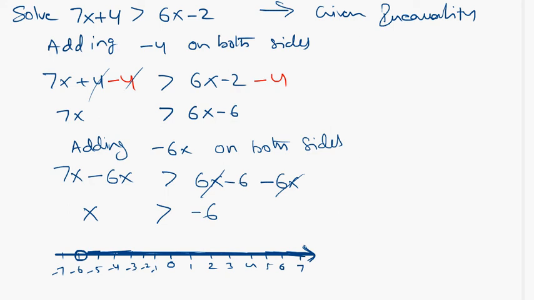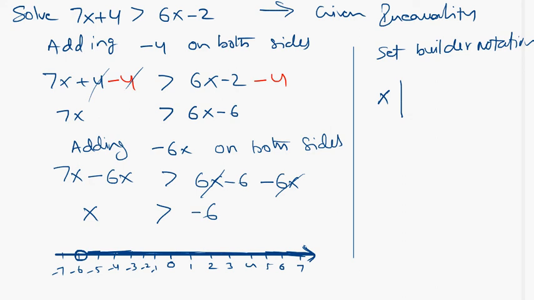Now to write this in set builder notation: all values of x such that x is greater than -6.